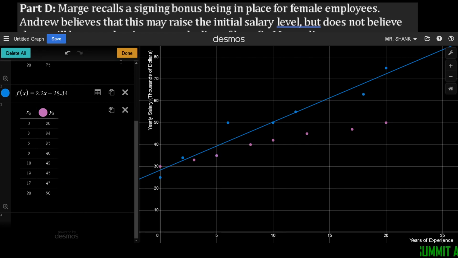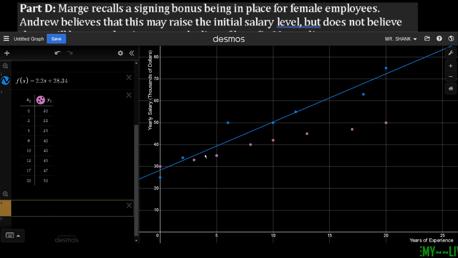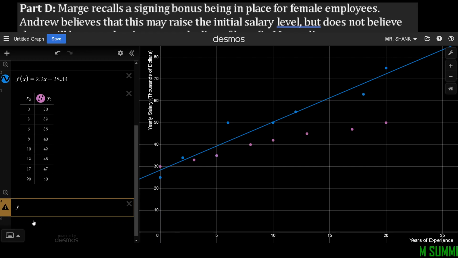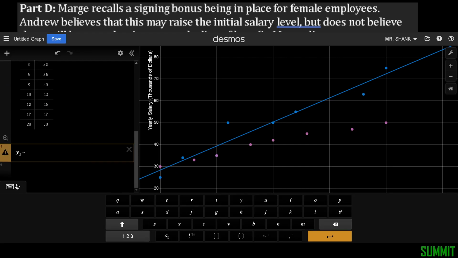Okay, so now, same setup for this. We're going to come up with the line of best fit for the female employees. Same kind of setup, I'm going to have Y sub 2 gives us a list. We know we're on the right track. And again, tilde, so I pull up my keypad, ABC, tilde, a little squiggly line.